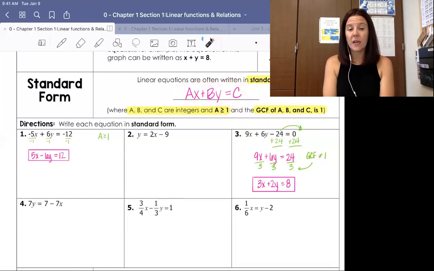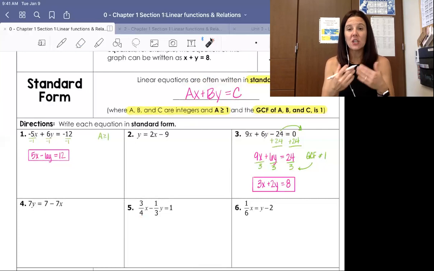Number 5, we have 3/4 x minus 1/3 y equals 1. So we have the correct format. We have something times x plus something times y equals something. But A, B, and C aren't integers, okay? A is not greater than or equal to 1.